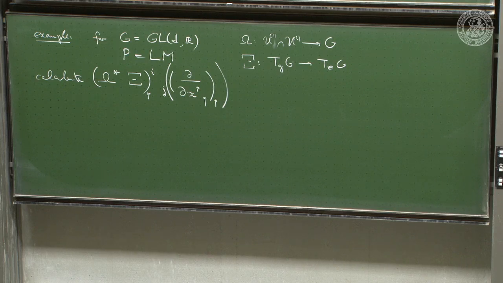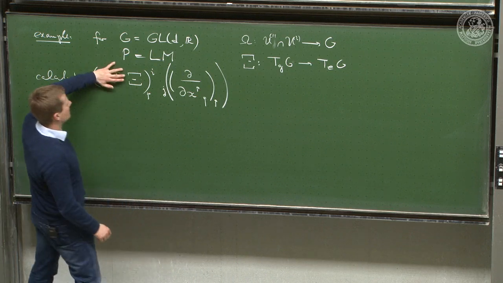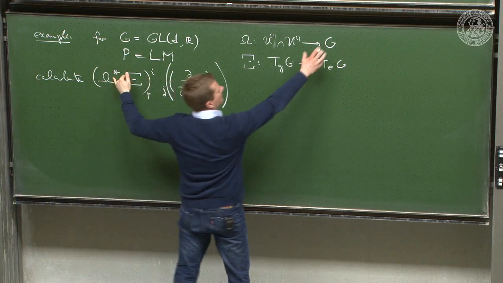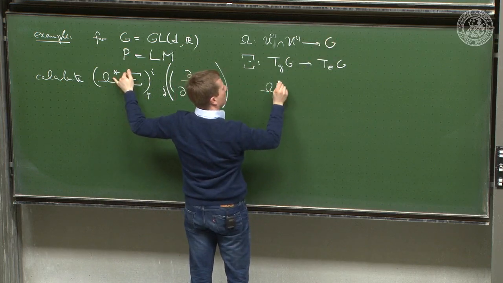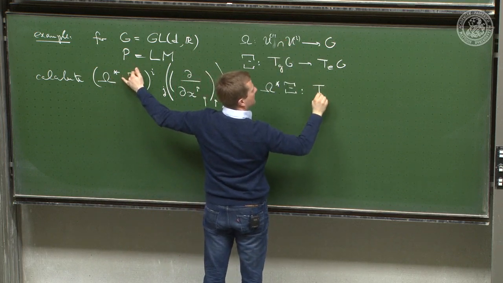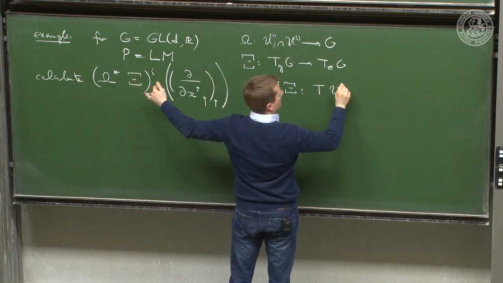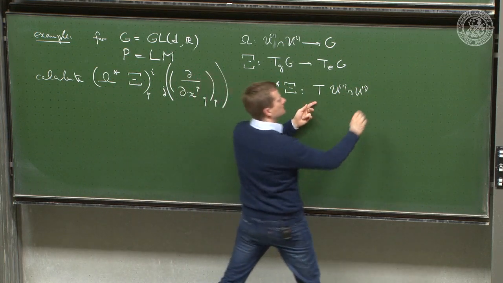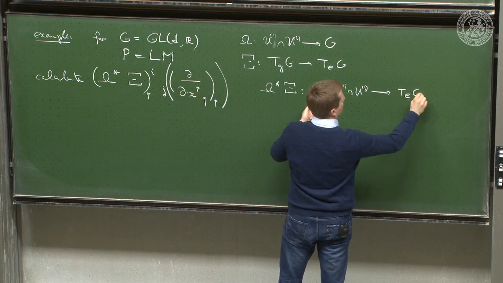Sorry, nonsense. Okay, so it's true that the Cartan form would act on that, but now we pull it back with the omega, so that means that the pullback of the Cartan form, of course, acts on the tangent space of this intersection, right? And is then Lie algebra valued.